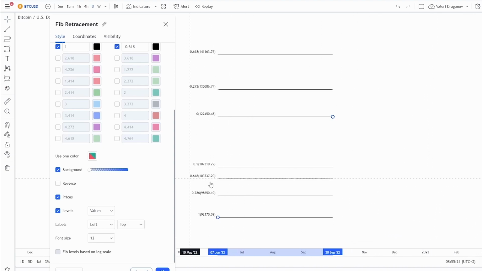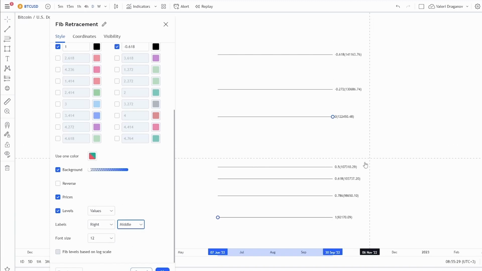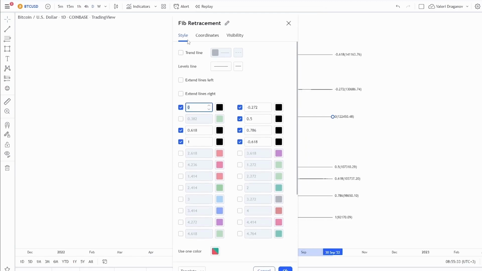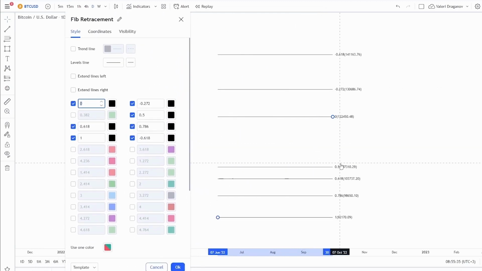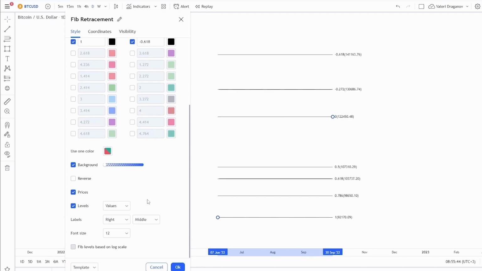So in this case, it will show it to you, but we're gonna make it on the right and in the middle, so it is more clear. Let me adjust it again. Okay, so we can see what the values are. Then these are the settings that we need.